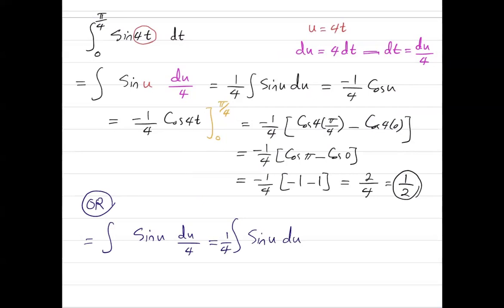Since t is equal to 0 and u is 4t, u becomes 0. And since t is equal to pi over 4 and u is equal to 4t, u becomes pi. So the lower bound is 0 and the upper bound is pi.